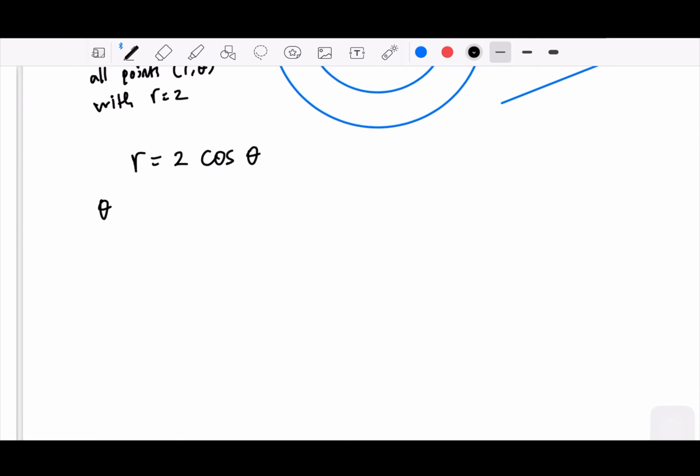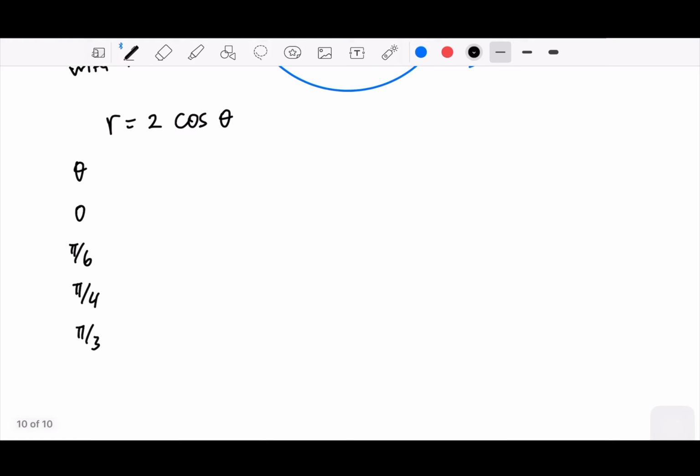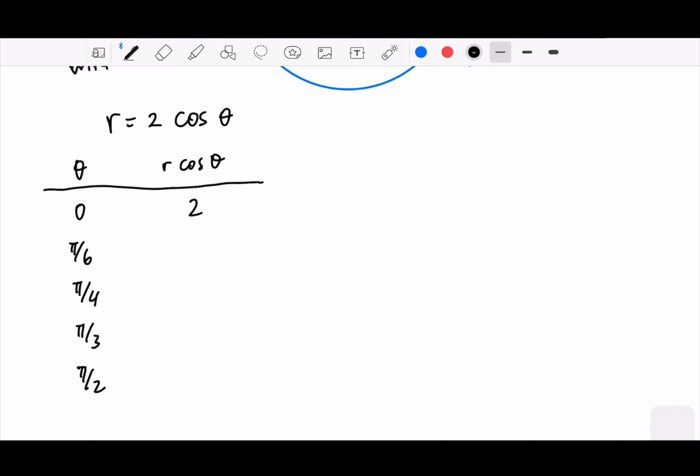We have theta from 0, pi over 6, let's just use all these special angles, until pi over 2. So r equals 2 cos theta. At pi over 6, this will be square root of 3, then square root of 2, then 1, then 0.